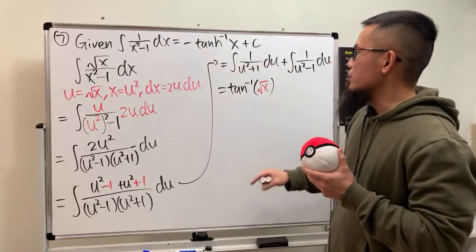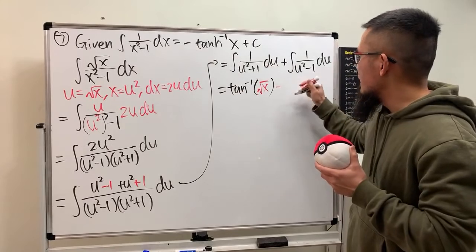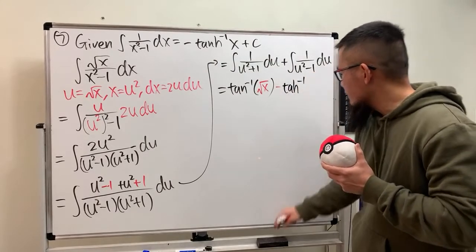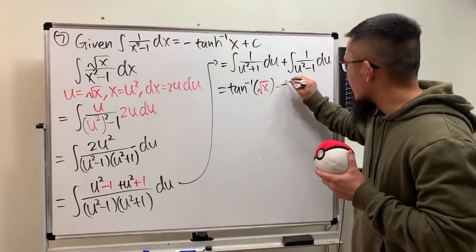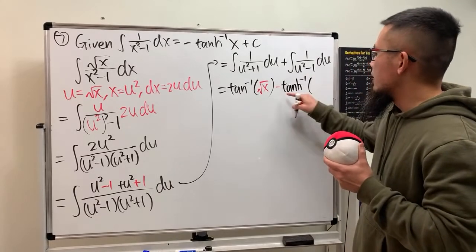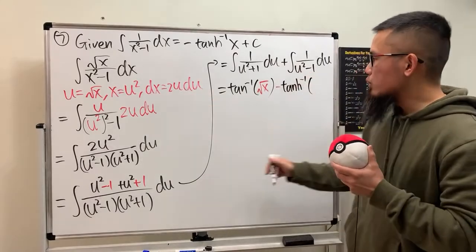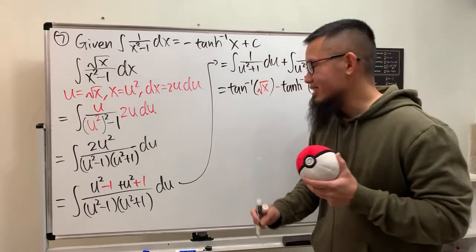So just make sure that we use u. So right here, make sure that it's negative, so it's minus, and then we have inverse hyperbolic tangent. And the input is u here, and u is equal to square root of x. So you put the square root of x right here. And guess what? We are done.